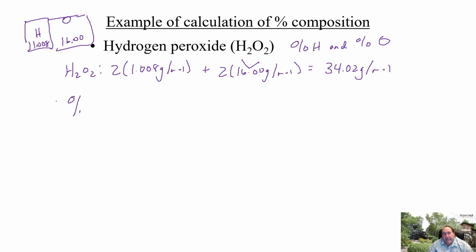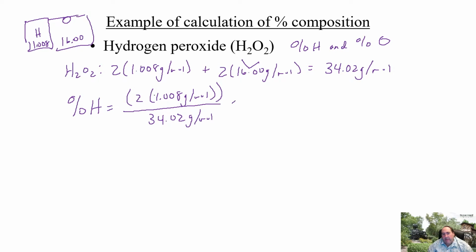So to figure out the percentage of hydrogen, we would take the mass of hydrogen in this compound, which is 2 times 1.008 grams per mole. We would then divide it by the mass of the entire compound, 34.02, and times it by 100%.